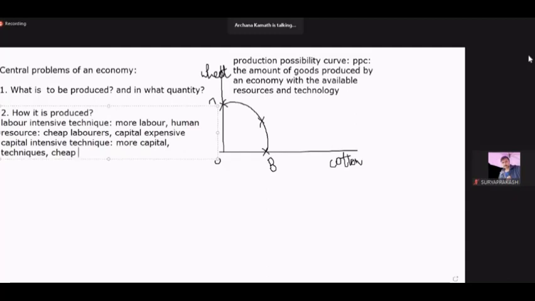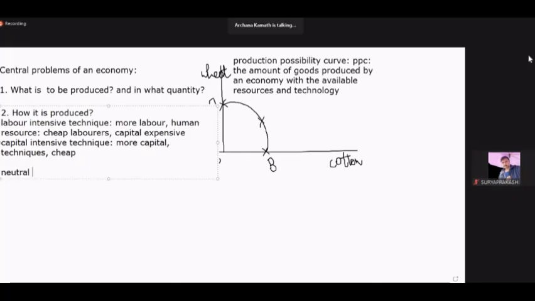But we know that you cannot find a country which is completely depending upon capital and avoiding labor. Even if India is rich with 130 crore people, we are not completely depending upon labor alone. In most areas a combination of labor and capital is being used.